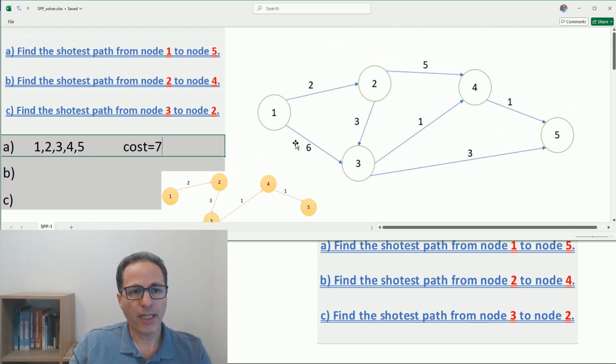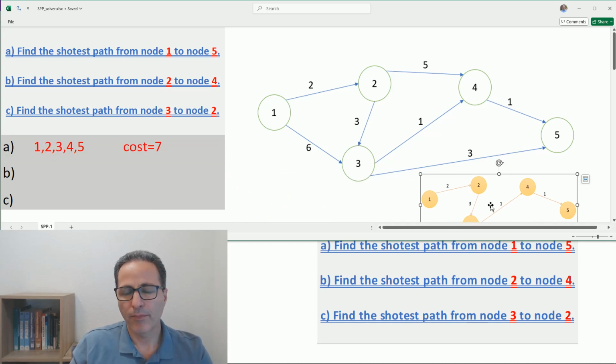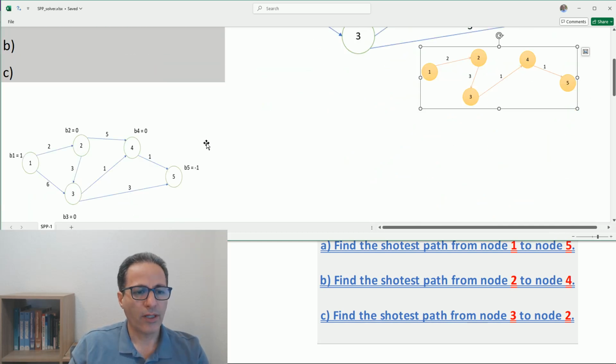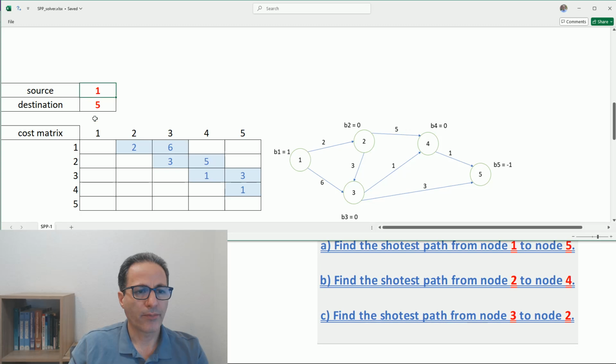Now we can do the same for part B and C, but this time it's very easy because everything is ready. We are just going to change the source and destination, nothing else. So we continue by part B. In part B, source is 2, destination is 4. Now I change these values to 2 and 4.